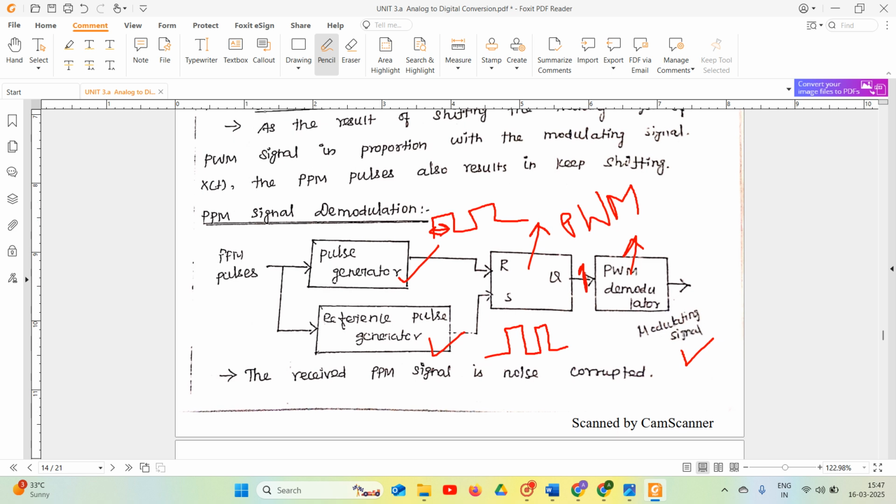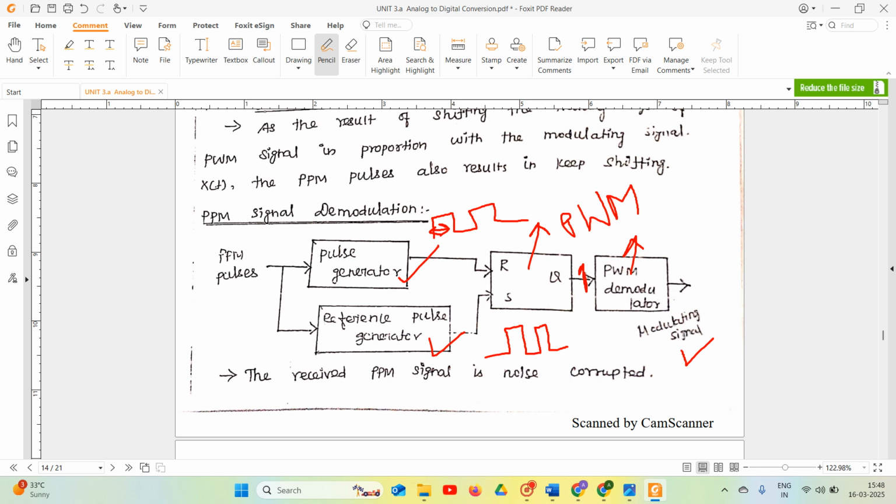Here our ultimate goal is that I need to modulate my input signal. First we convert it into a sampled signal, analog to digital. Then I need to modulate that signal and transmit it in the transmission medium. These are the different pulse based modulation techniques.